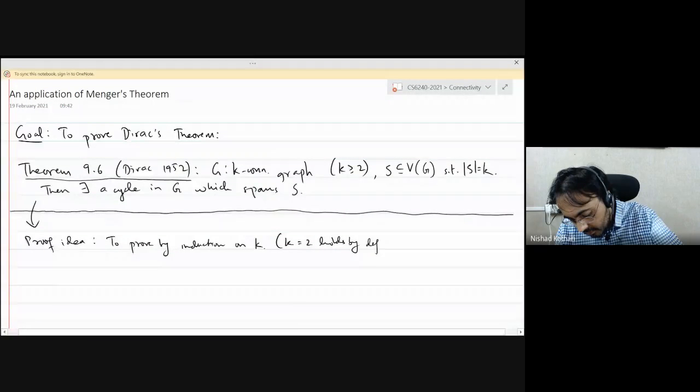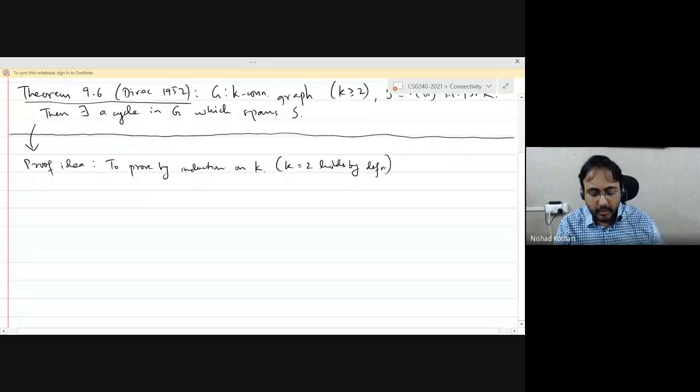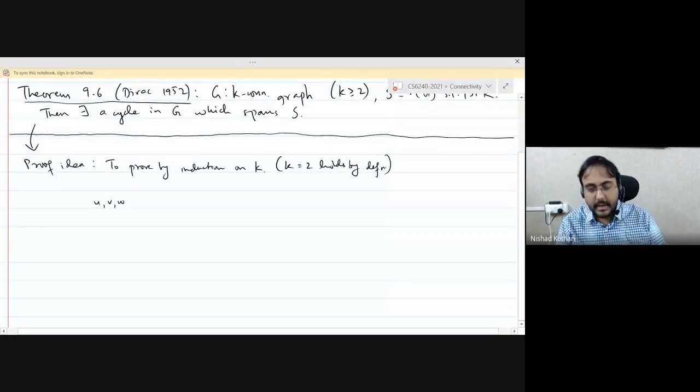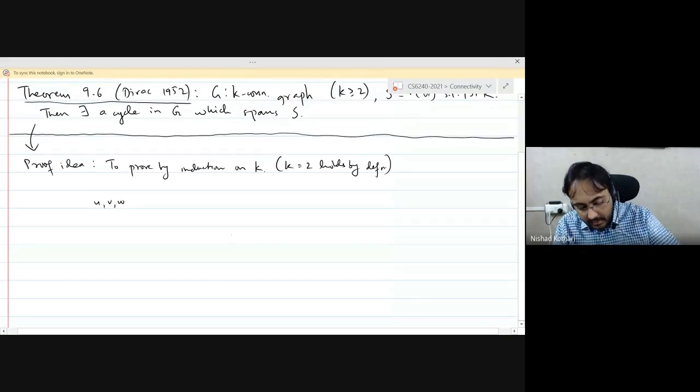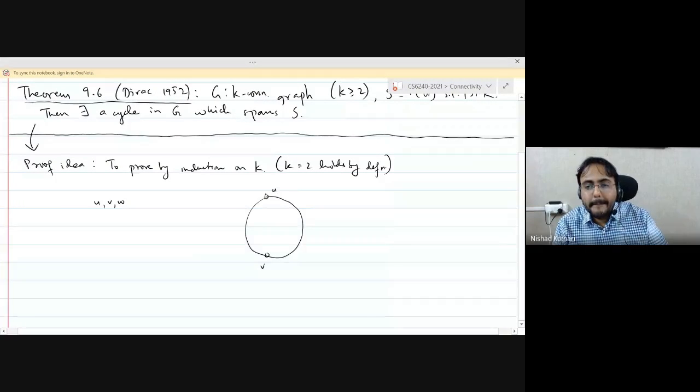So let's just think about, we are trying to prove it for k equal to 3. So you've got three distinct vertices u, v, w. You know that there is a cycle through u and v. If w is on this cycle, then you're done.